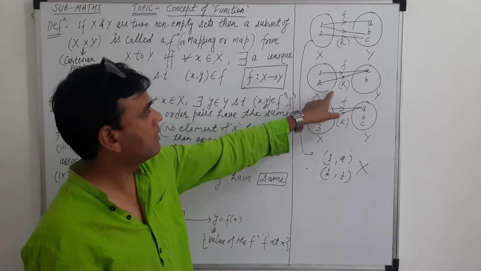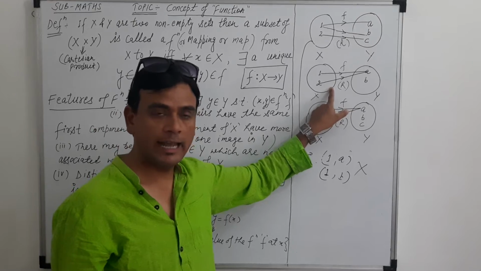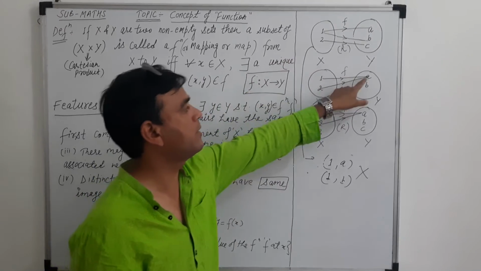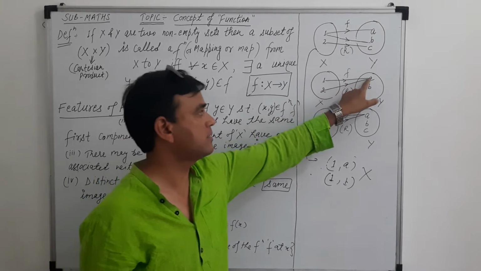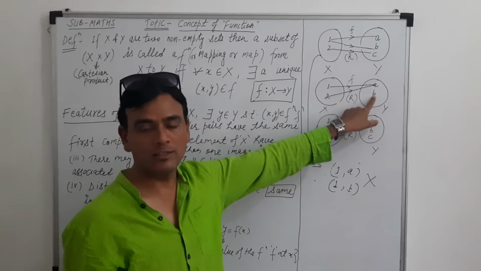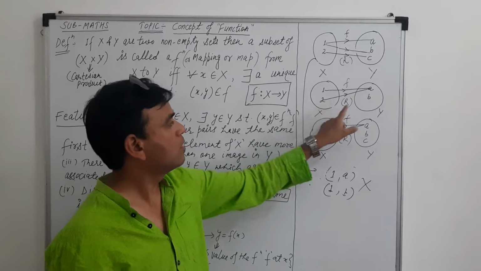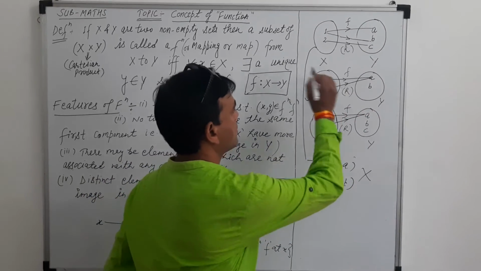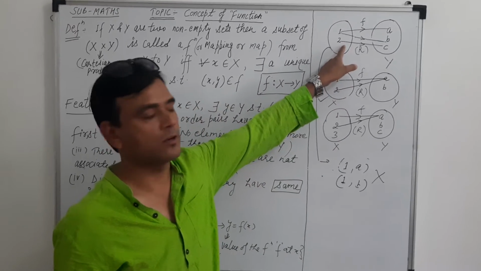In this case this is a relation as well as a function, because 1 has a unique image a, 2 has a unique image a, but b is not the image of any element of X. So this is a function, and the earlier one is only a relation, not a function.